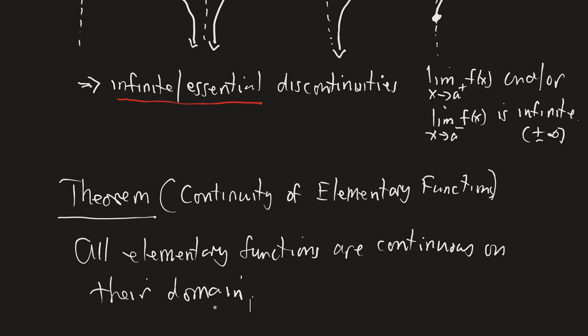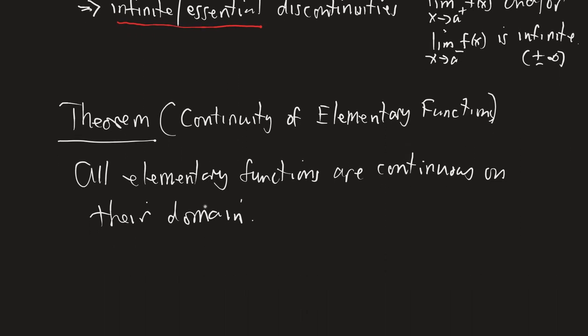Same thing. If you happen to know your domain of inverse sine, then you would automatically know the values of x for which that function is continuous. So knowing the domain allows us to answer other questions about this other concept that's related to calculus.